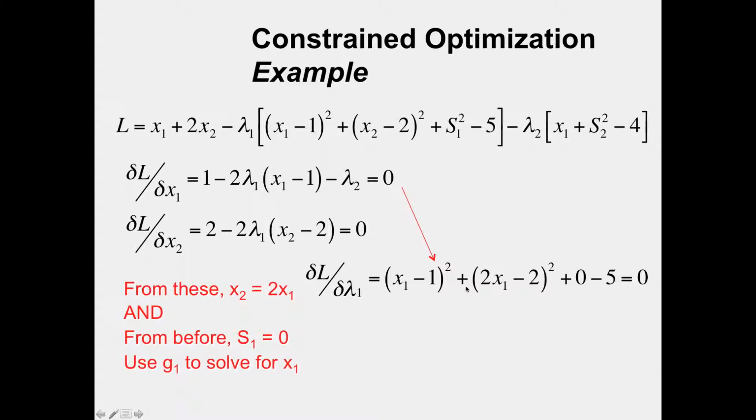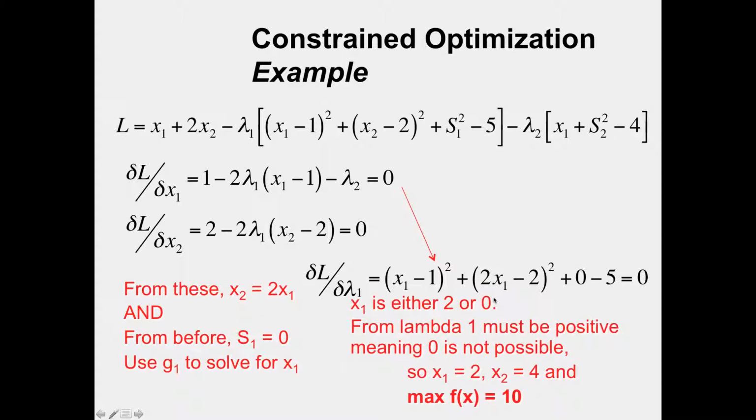So if I plug this in to this equation, I know x2 is equal to 2x1. I can solve for x1. It's either 2 or 0, but from lambda 1, it's got to be positive, so 0 is not possible. And therefore, x1 equals 2, x2 equals 4, and the max of the function is 10.